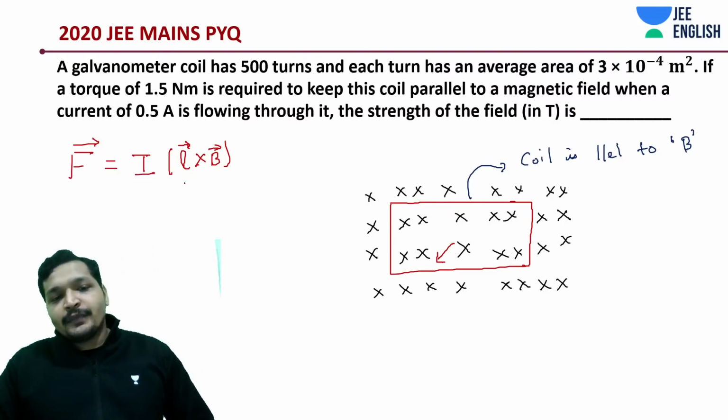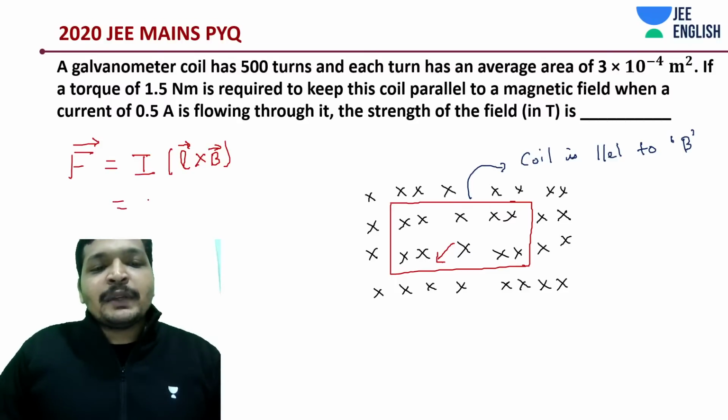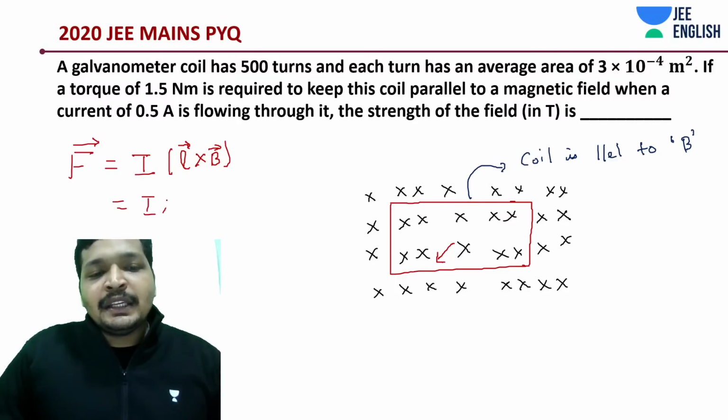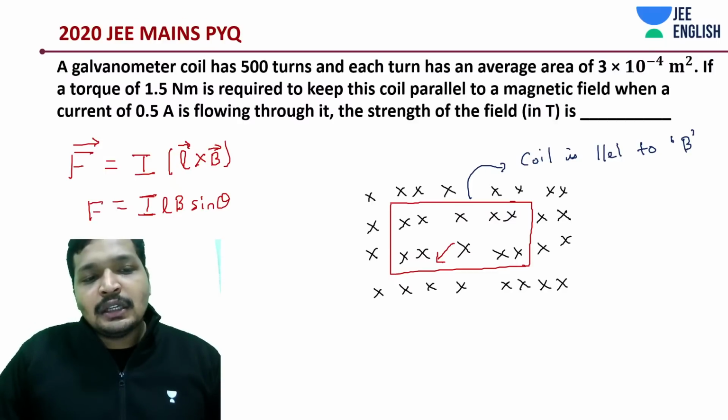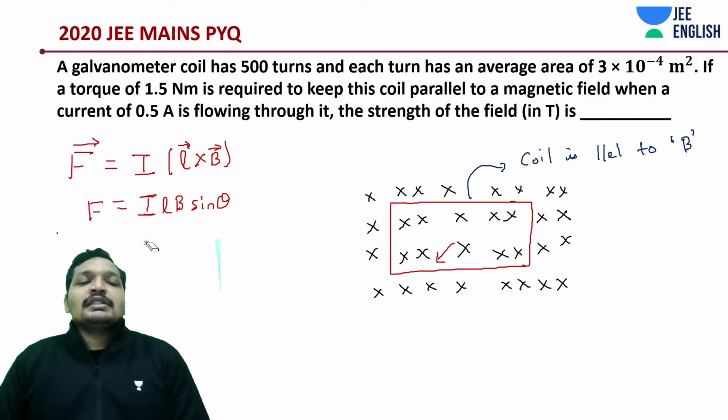So this would come out to be ILB sine of theta. This we typically apply for all such things. This is about the force. We are just talking about magnitude because I'm going to remove this cross, since L cross B makes sense only for vectors. Now it is just magnitude.